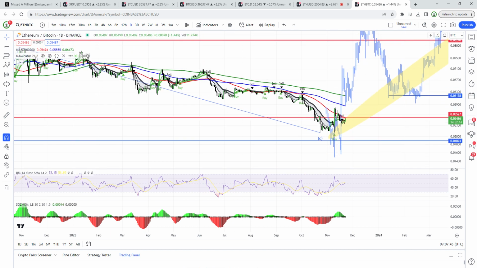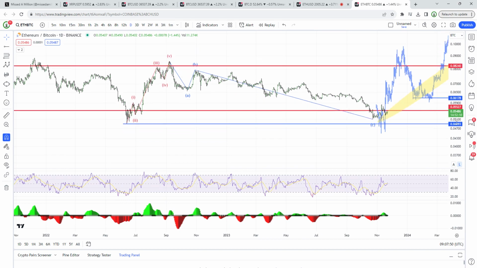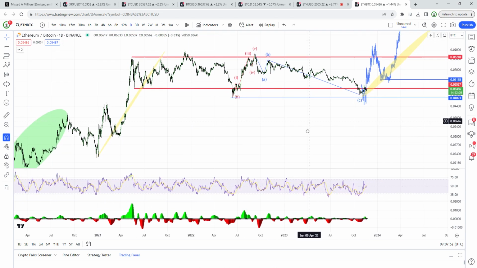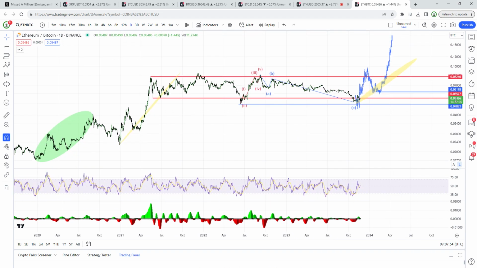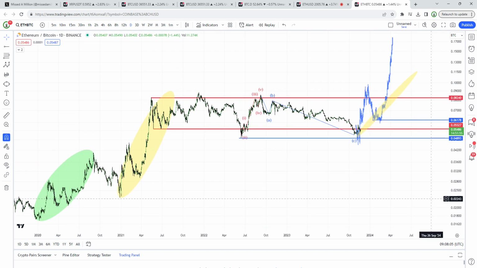This is the equivalent fractal versus the USD pair. Okay, so that is the price action here, more or less, in the ETH Bitcoin pair.